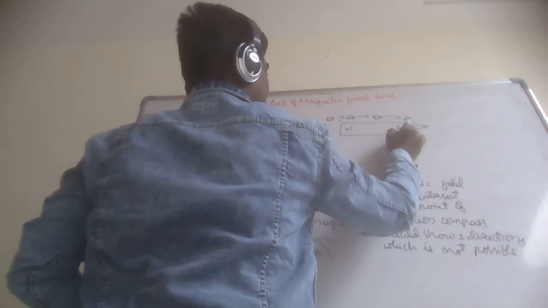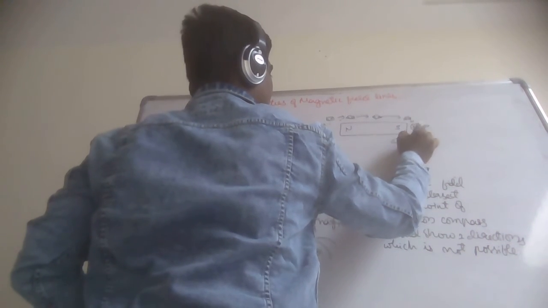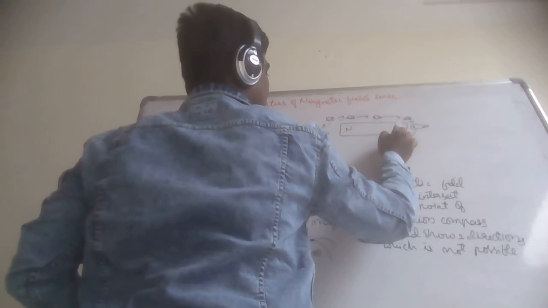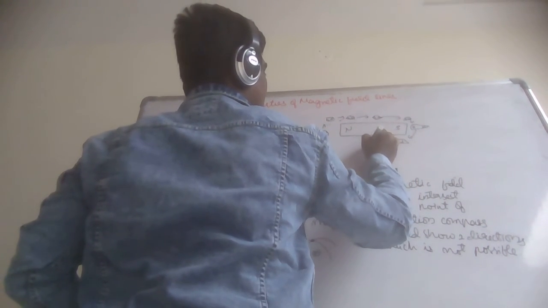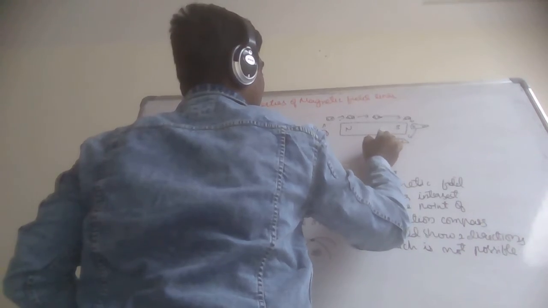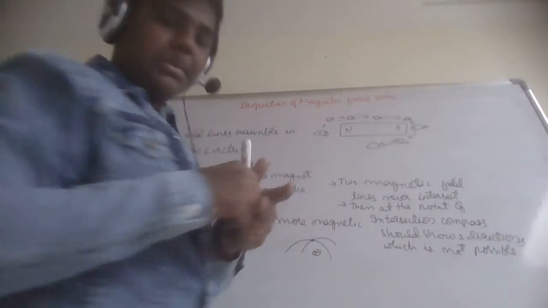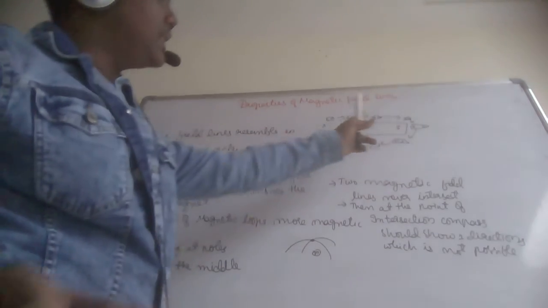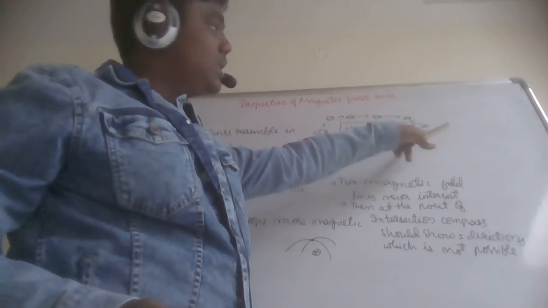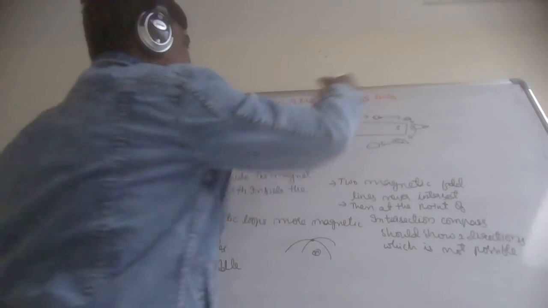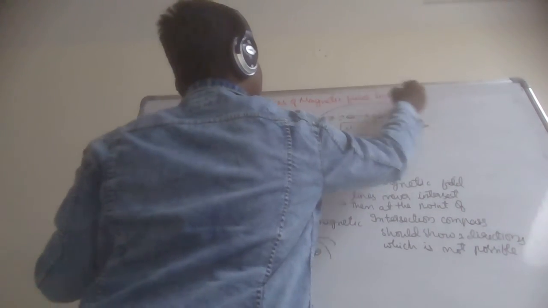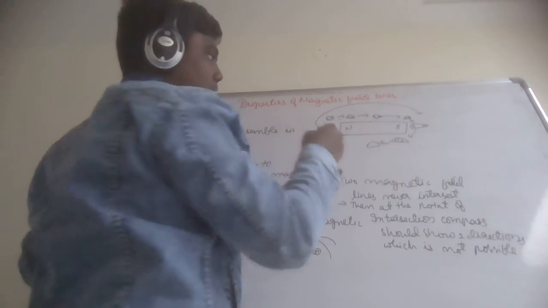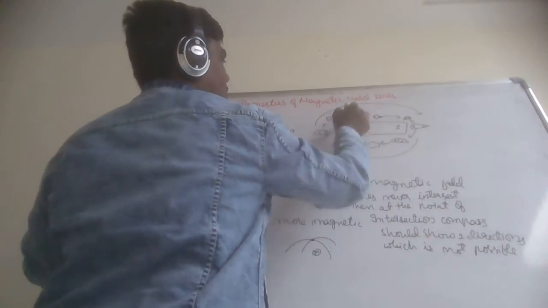And then next, again it will be forming like this, north to south. As you can see here, again south repels, so again north will come downside. So like this, outside, this is the direction of the magnetic flow, and again in this manner, north to south.